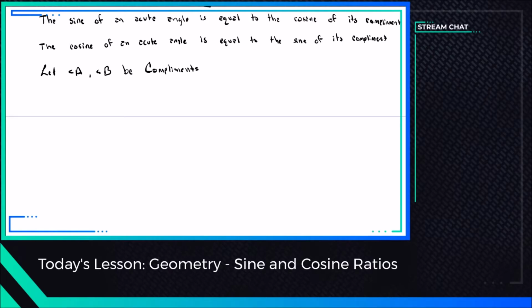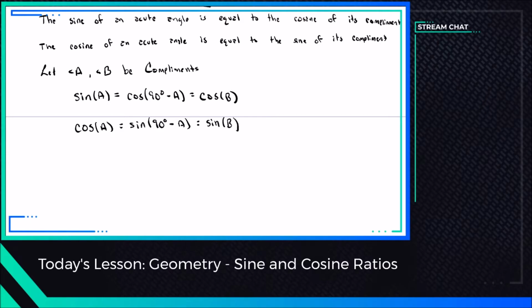The sine of A is going to equal the cosine of 90 degrees minus A, or in other words, the cosine of B. And the cosine of A is going to equal the sine of 90 degrees minus A, and since A and B are complements, the sine of B.